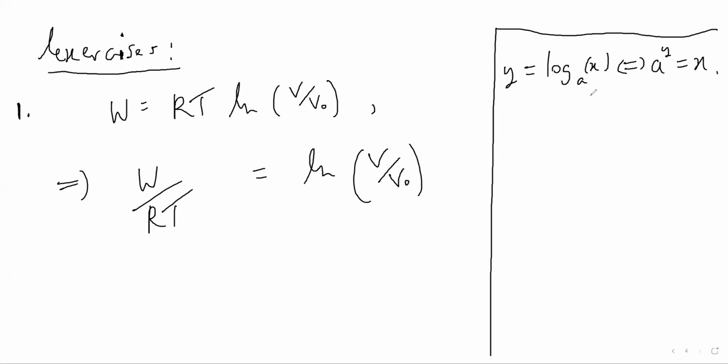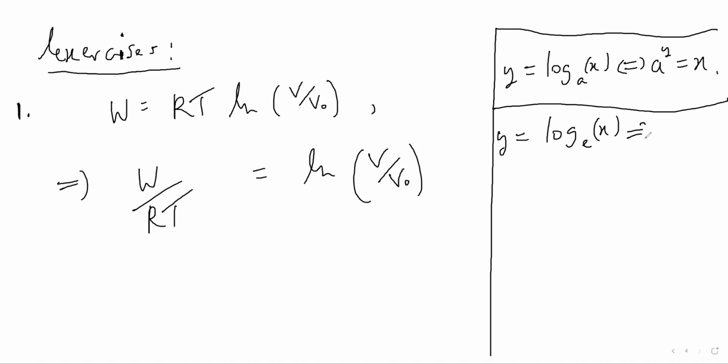And we said that this definition also applies to the natural logarithms. Remember what the natural logarithm is. A natural logarithm takes this form: y is equal to log_e of x. So it's a log with a base e. And the same definition applies to that.